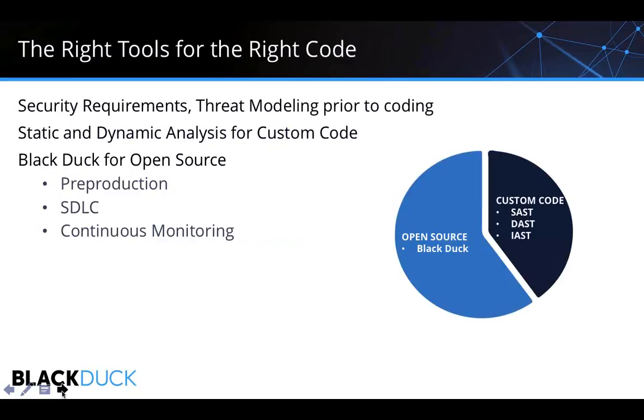But also, as open source becomes a bigger and bigger foundation of your application, recognize that you need tools that can identify that and track its use, and that the automated tools like static and dynamic and interactive and RASP and so on are simply ineffective against identifying open source and identifying vulnerabilities in open source.